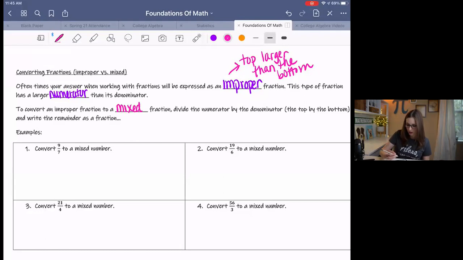And a mixed number has a big number and then the fraction to the side. And you read that like, for example, 2 and 3/4 or 3 and 1/3. And it is one number, it's just a mixed number, which means it's got that whole number piece, or an integer piece, and then the fraction part together.